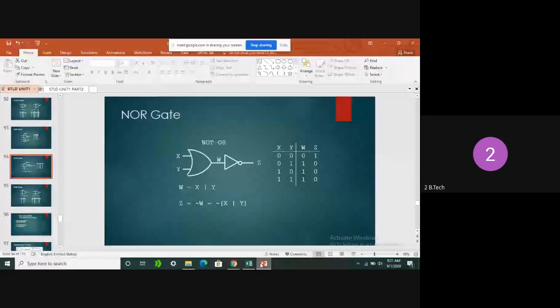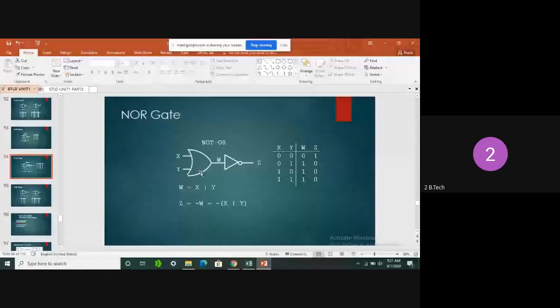We can make a NOR gate using an OR gate and a combination of a NOT gate. So clearly, the OR gate with inverted output is nothing but the NOR gate.